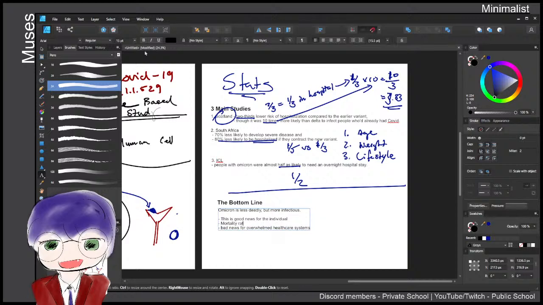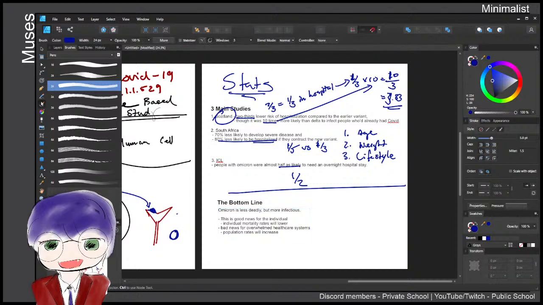Individual mortality rates will lower while population rates increase, and we can literally call onto this and just do that, right?